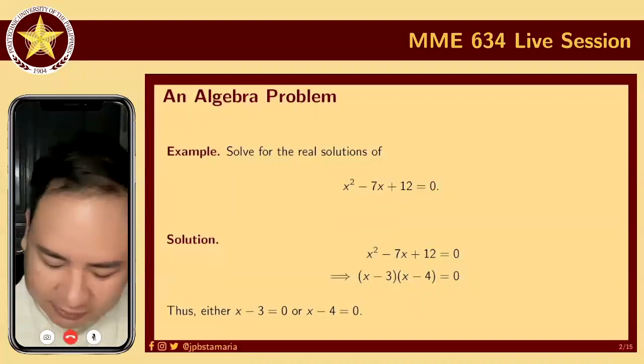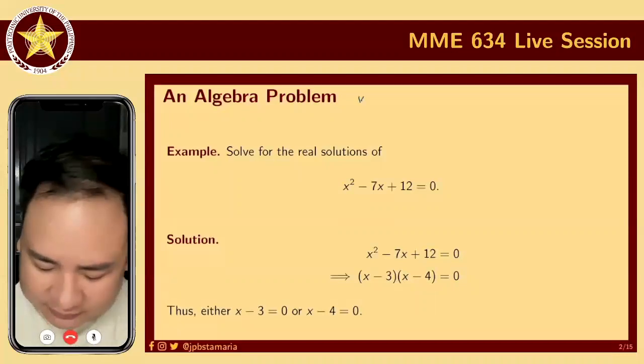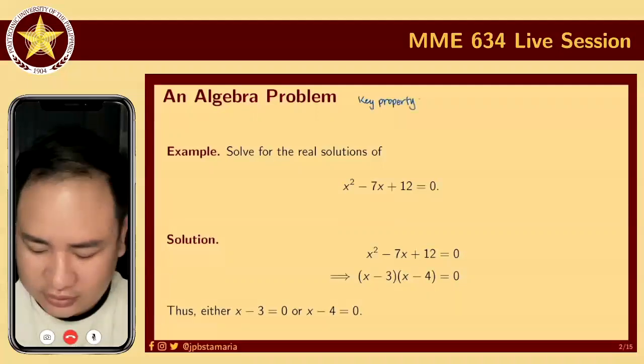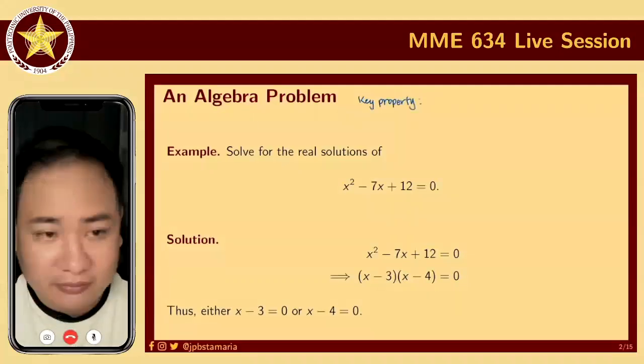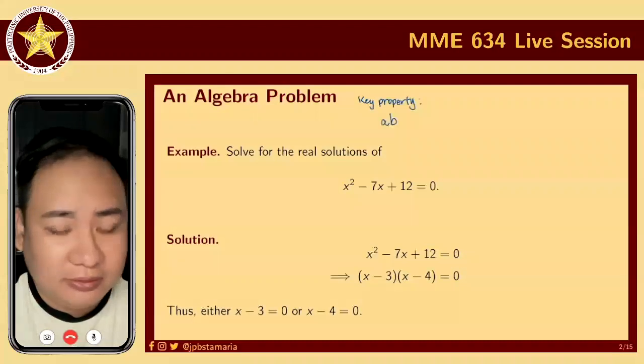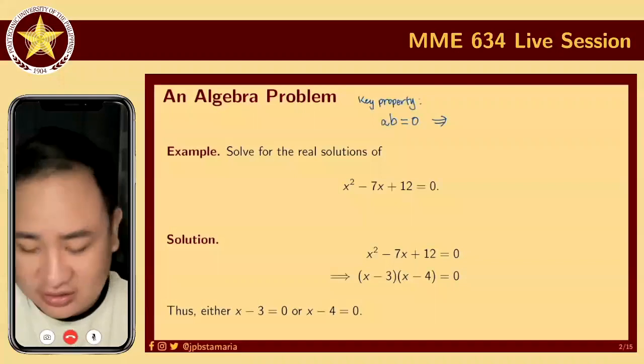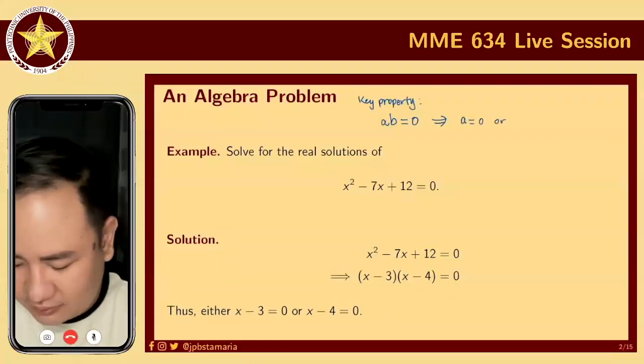Kasi ang property na ginamit natin dito, ang key property na ginamit natin dito is the fact that whenever you have a product A times B and the product equals 0, you can always say that either A is 0 or B is 0.